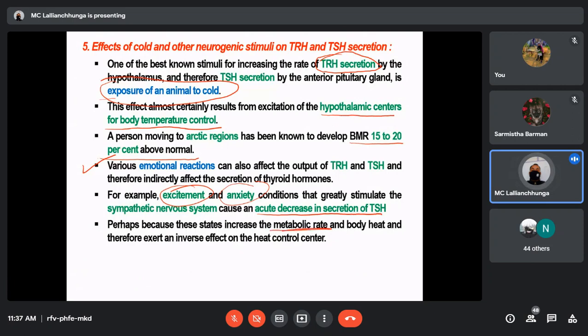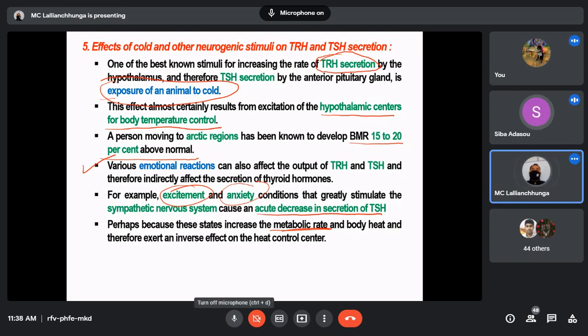We all know that when you are excited or having some fear or nervousness, your body temperature will decrease or increase. Can any one of you tell me, when you are excited or having anxiety or nervousness, what do you feel? Does your body feel hotter or colder? Cold, sir.